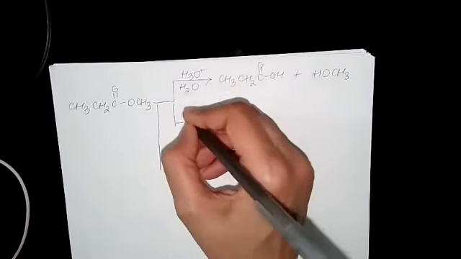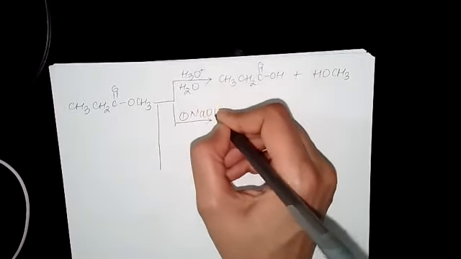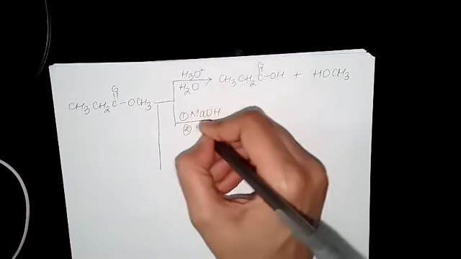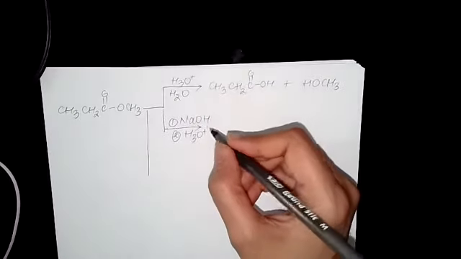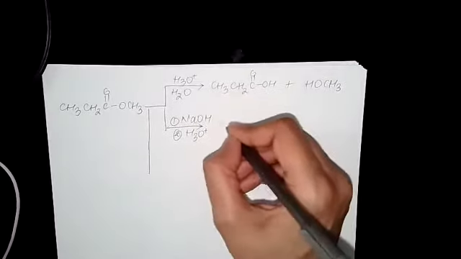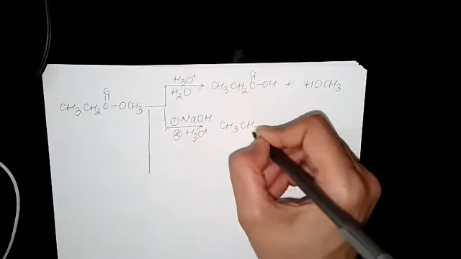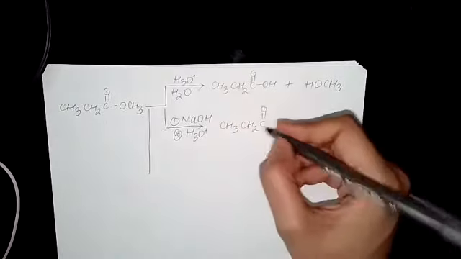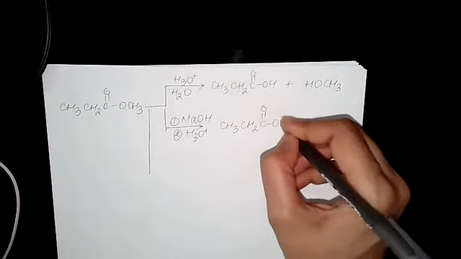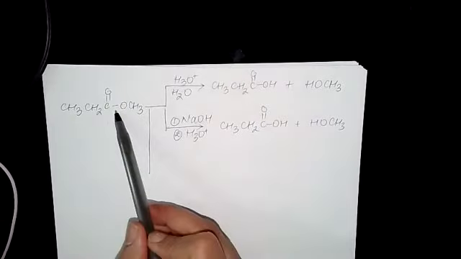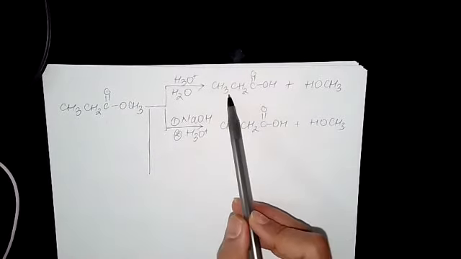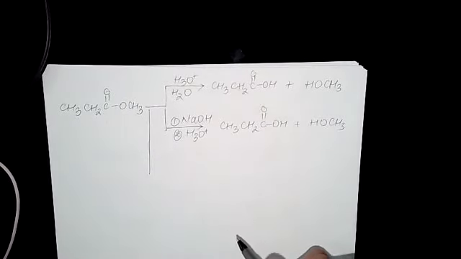Similarly, in the presence of a strong base, followed by a protonation step, we will get exactly the same thing. So the hydrolysis of esters also generates the starting carboxylic acids.